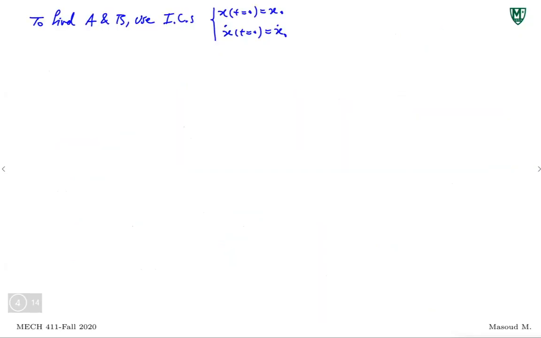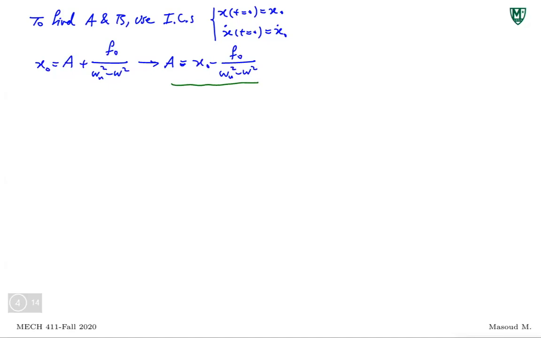So x naught is equal to a plus f naught over omega n squared minus omega squared. So a can be found as x naught minus f naught over omega n squared minus omega squared. This is A.